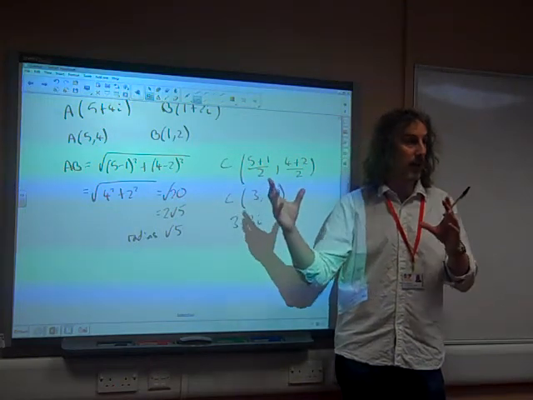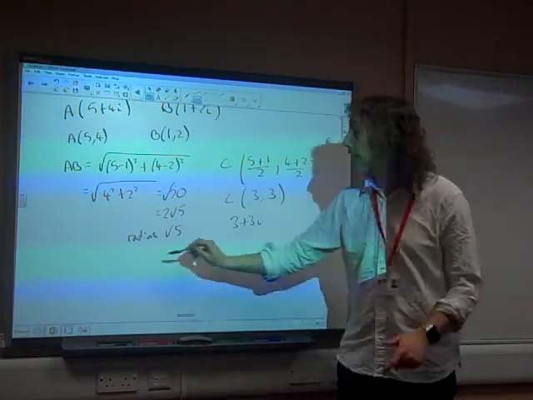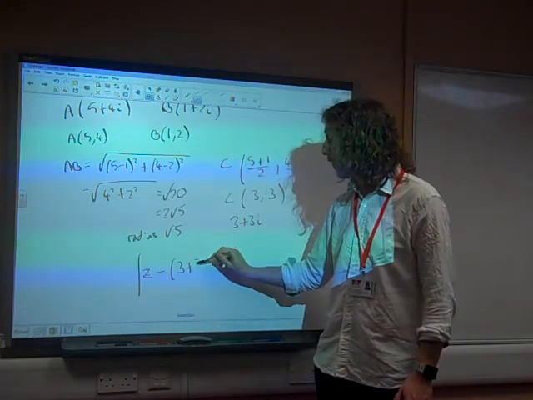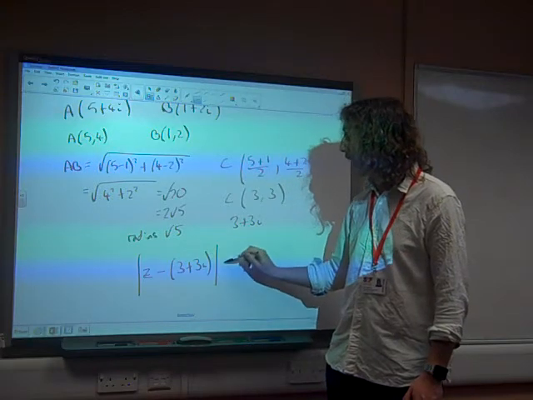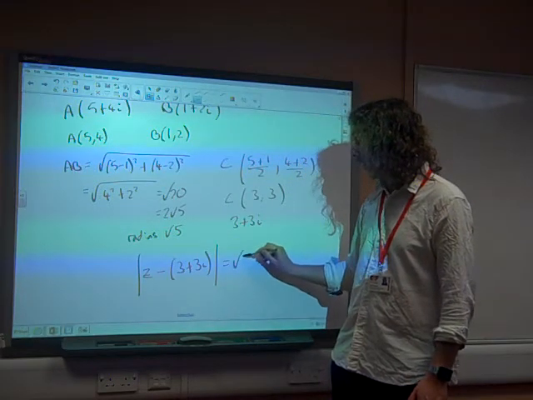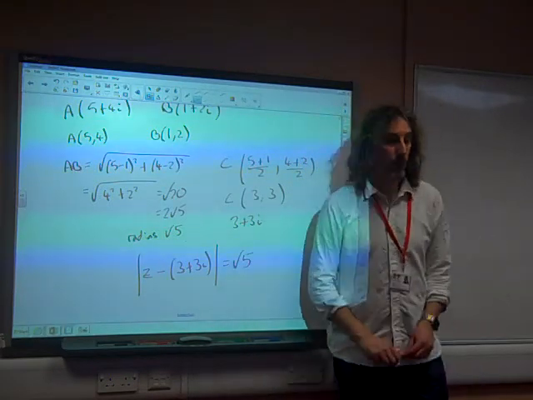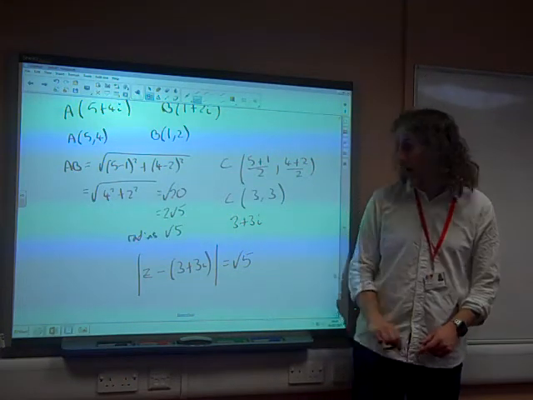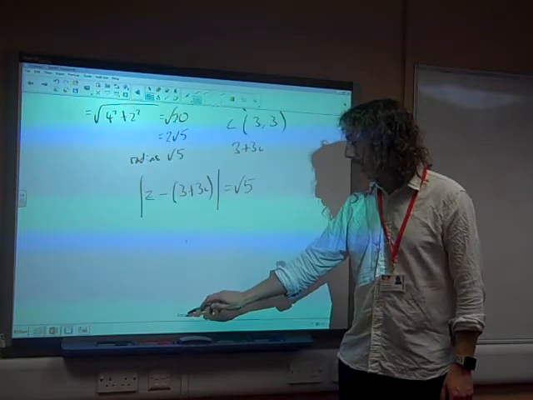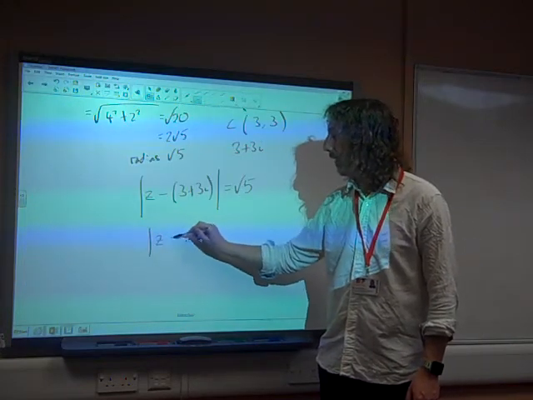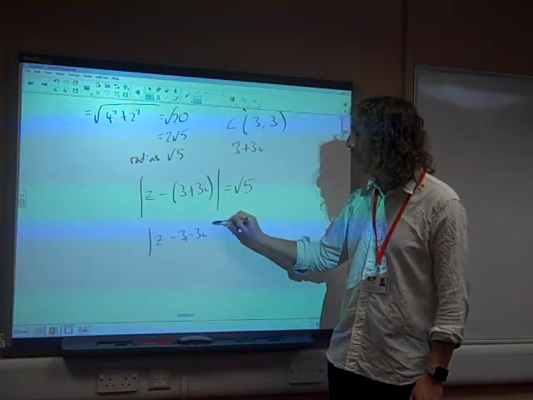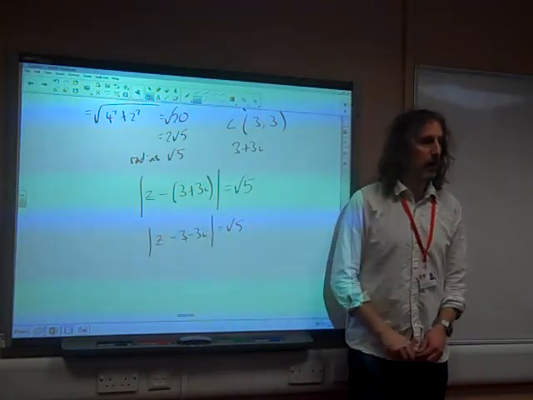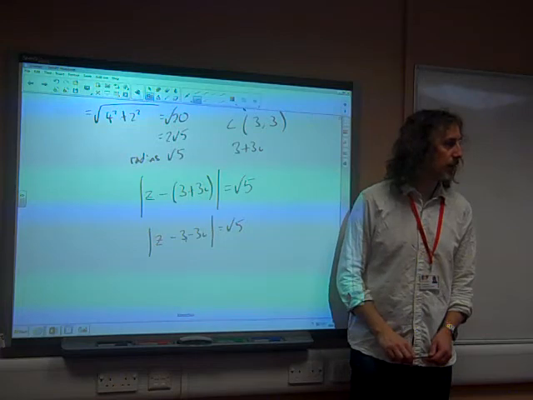We need to put it into complex number form, which is the modulus of z minus our centre of the circle equals the radius of the circle. That's the equation in complex number form, and I think that's acceptable. Maybe we could have written it in the way we normally get these presented, but that was fine. You get your mark for the first time you do that.